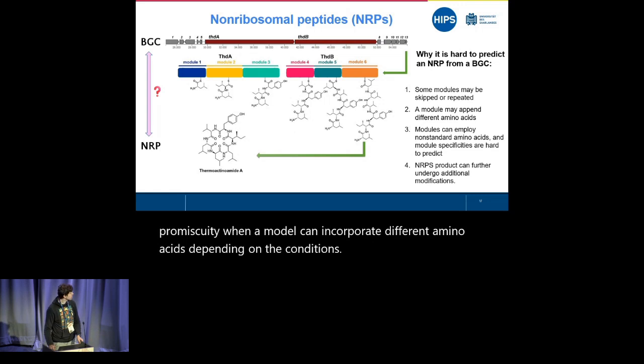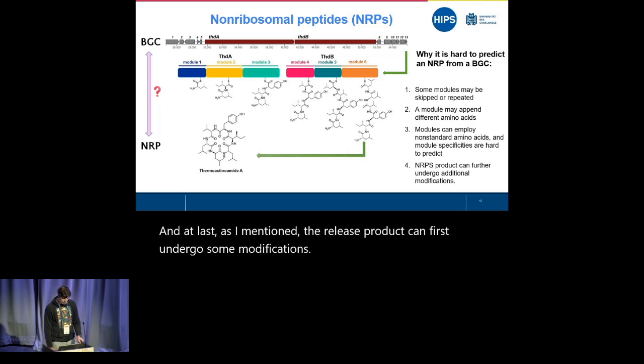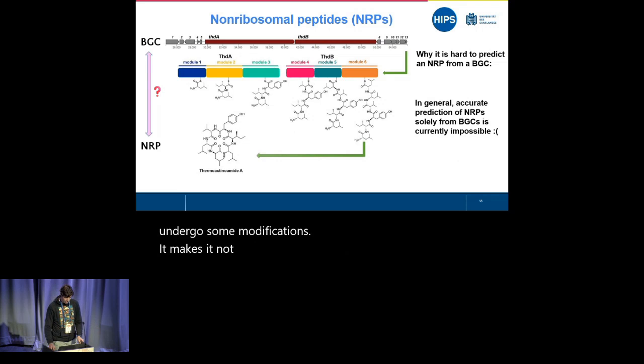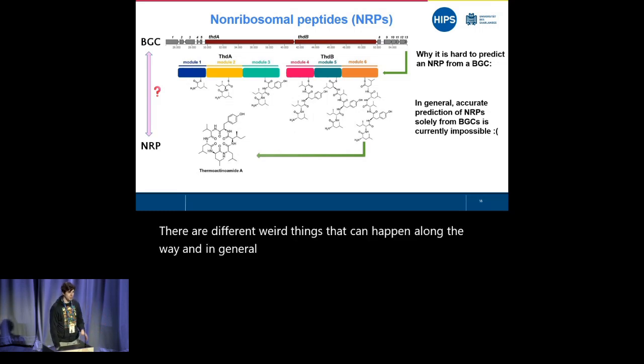And at last, as I mentioned, the released product can further undergo some modifications, which also makes it not straightforward. So altogether, there are different weird things that can happen along the way. And in general, accurate prediction of a nonribosomal peptide solely from a biosynthetic gene cluster is impossible.